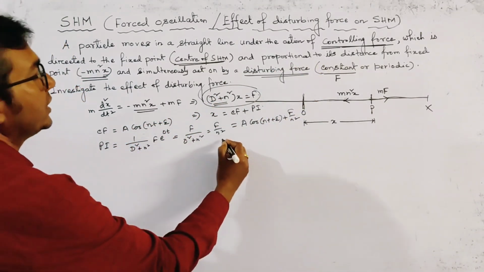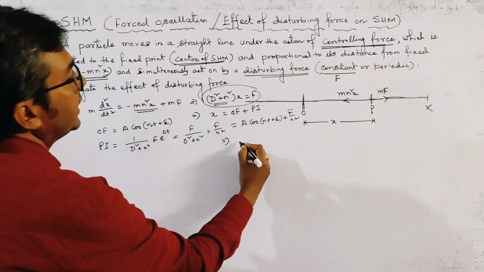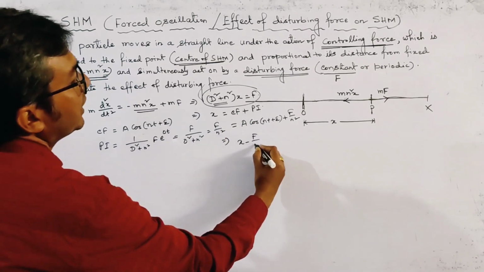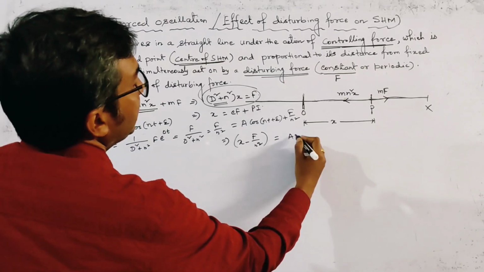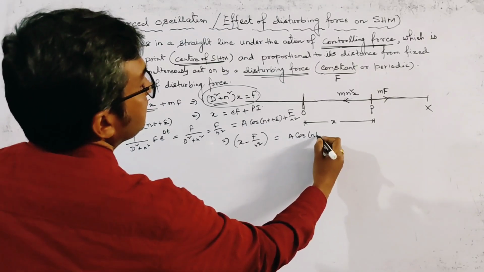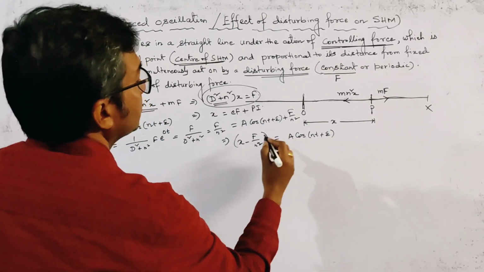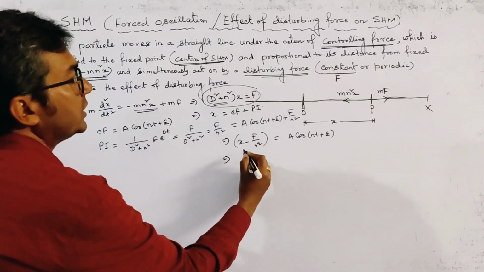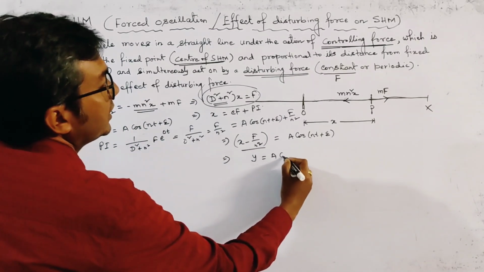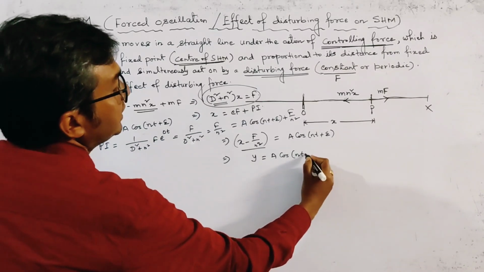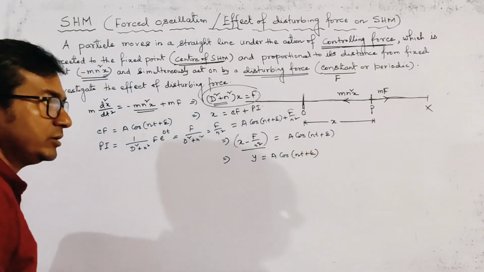We write this solution as x minus F by n square equal to A cos (nt plus epsilon). If we put the left hand side equal to y, we get y equal to A cos (nt plus epsilon).